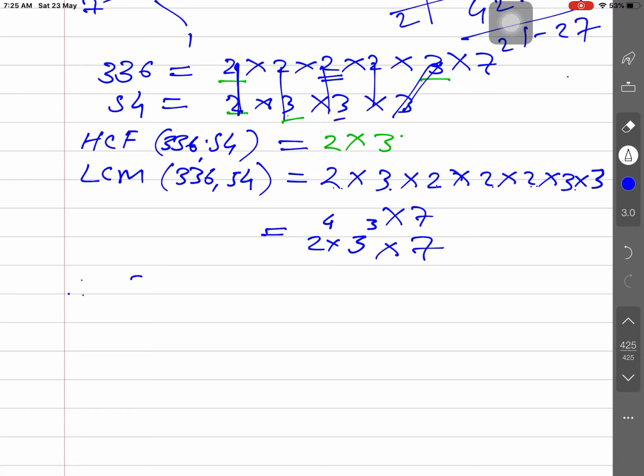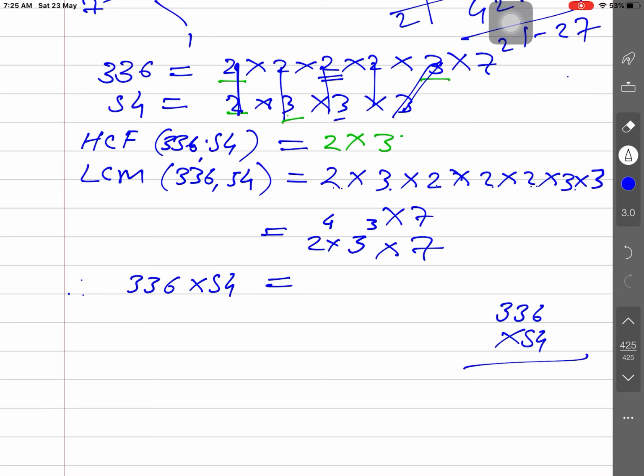Now we have to test the result: HCF and LCM are to be multiplied here. So testing, it is 336 multiplied by 54, is equal to LCM times HCF. So what is their multiplication? Here you will do the multiplication. I am telling the method of solving.